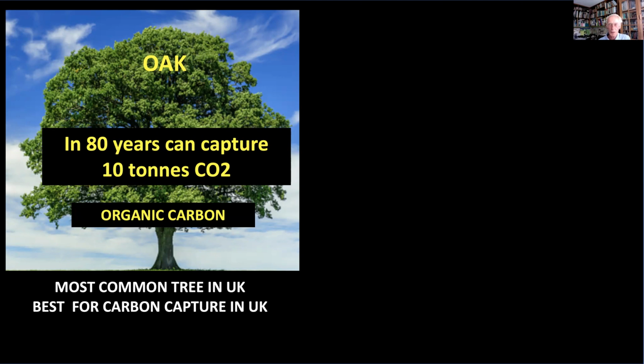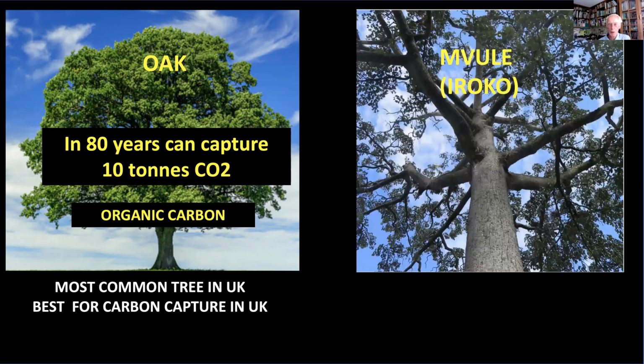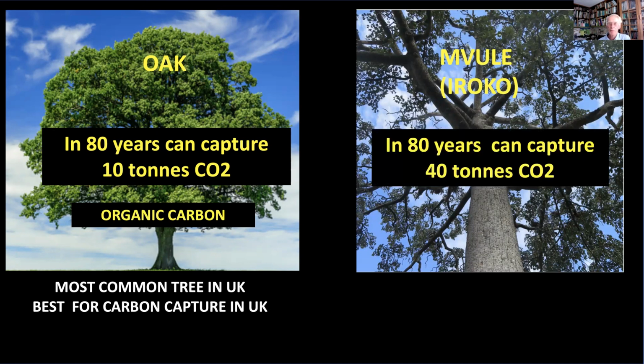Now let's consider the main tree we plant in Uganda, which is called Mvule. That's the Swahili word, but it's also known as Iroko in the timber trade. And that in 80 years can capture 40 tons of CO2, in other words, 4 times what an oak tree can capture.